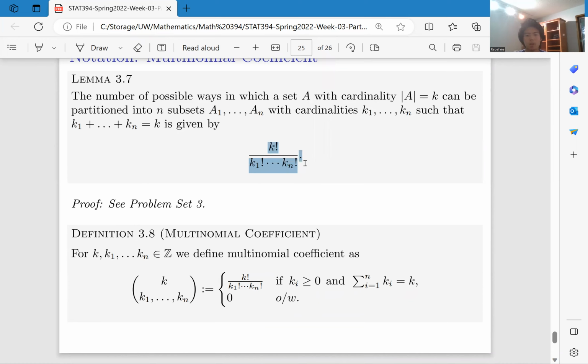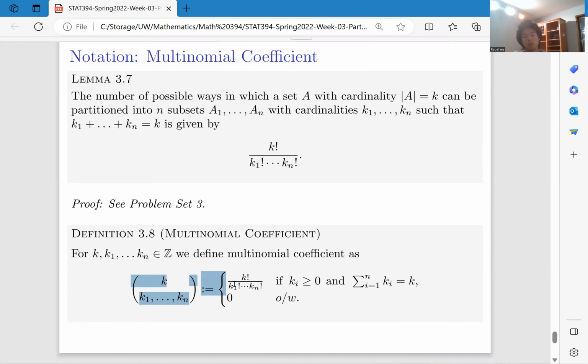And you should remember this formula for this course. And there is another way to represent it, it's the multinomial coefficient, which is the extended version of the binomial coefficient.